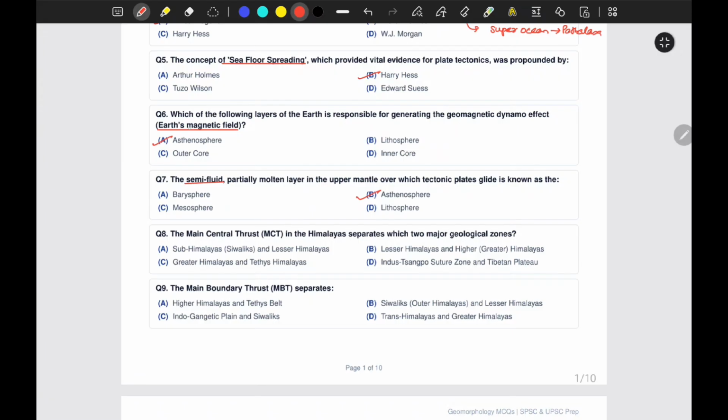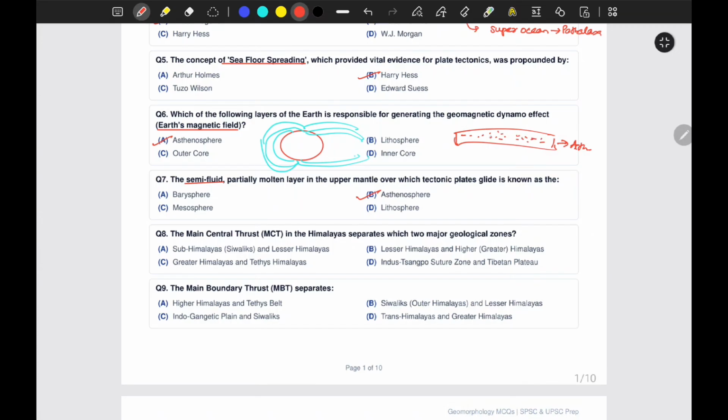So see, suppose you have Earth, and you know for a fact that we have Earth's magnetic field. So how is this Earth's magnetic field produced? In the asthenosphere, it is in molten state.